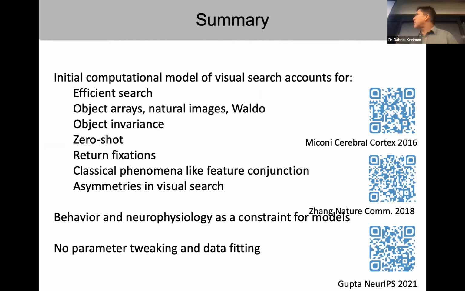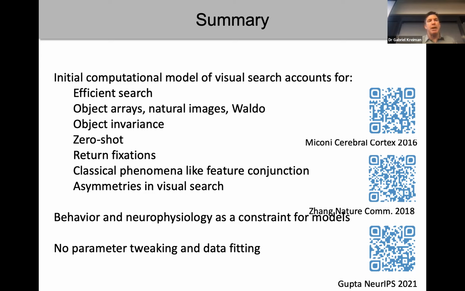And I'd like to just summarize with, again, iterating some of the basic themes here. So we have an initial computational model of visual search that can account for efficiency in different kinds of images, in object arrays, in natural images, even in things like finding Waldo, even though the model never saw Waldo before.